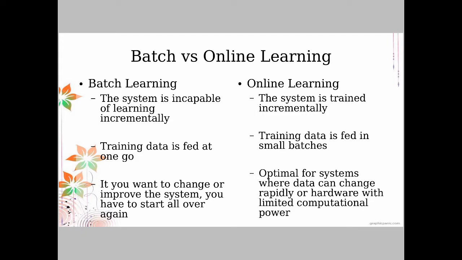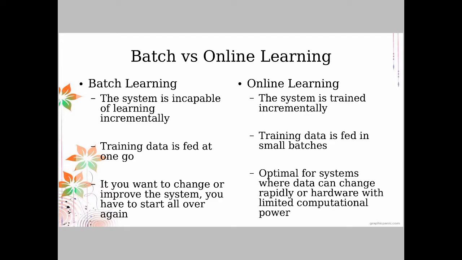For example, in batch learning, the system is incapable of learning incrementally. That means you give all of the training data in one go, and after that, the system will develop a model. In the future, if that model is flawed or there are problems with it, you cannot update the model.